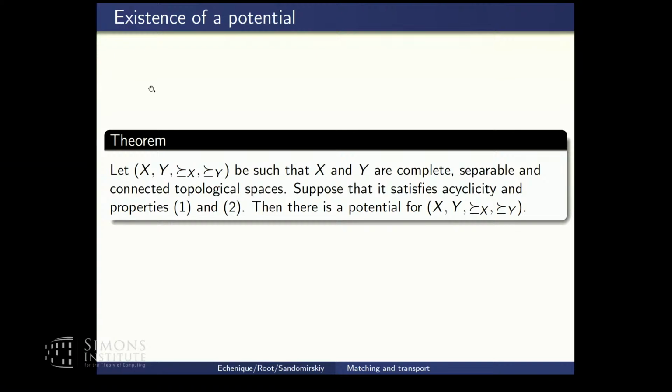You fix y prime, you move from x to x prime, and then from x prime you move from y prime to y double prime, and so on, each time improving in that agent's preferences. You shouldn't be able to form a cycle if there existed a potential. That property ends up also being sufficient for the existence of a potential, as long as these additional, more technical assumptions hold. Anyway, I'm out of time, so I'm going to take questions and chat about it at the reception.